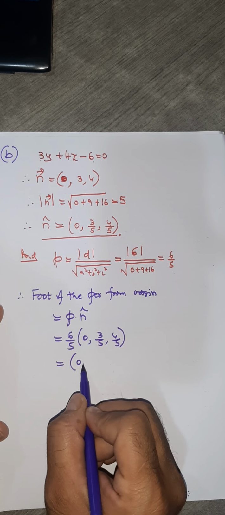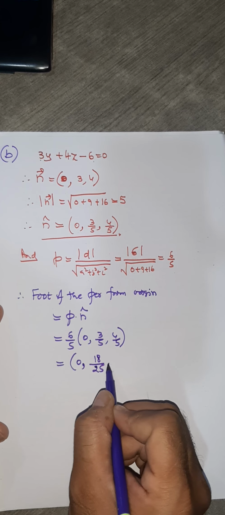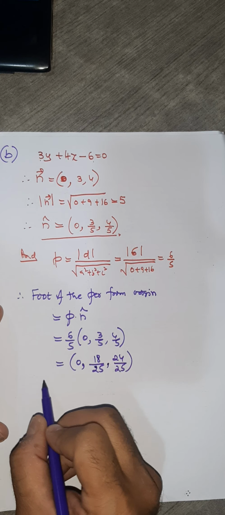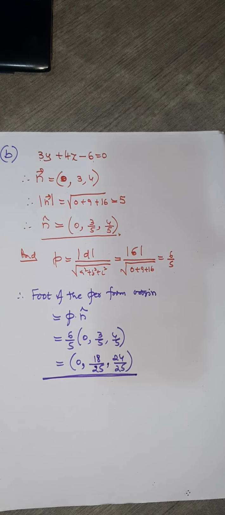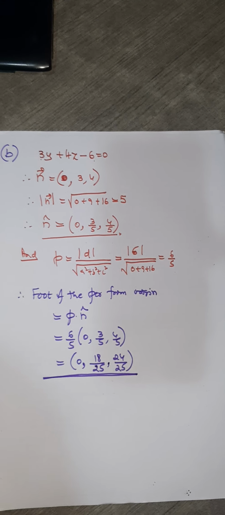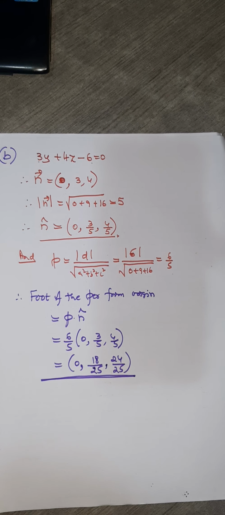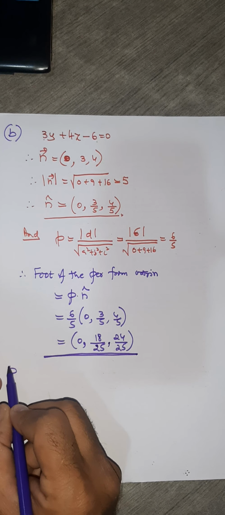So you have 0, 18 by 25, 24 by 25. This represents the foot of the perpendicular. Fine, I hope now this is clear to you. In the first 4 questions indirectly we used that normal form only. Now let's see the fifth question.